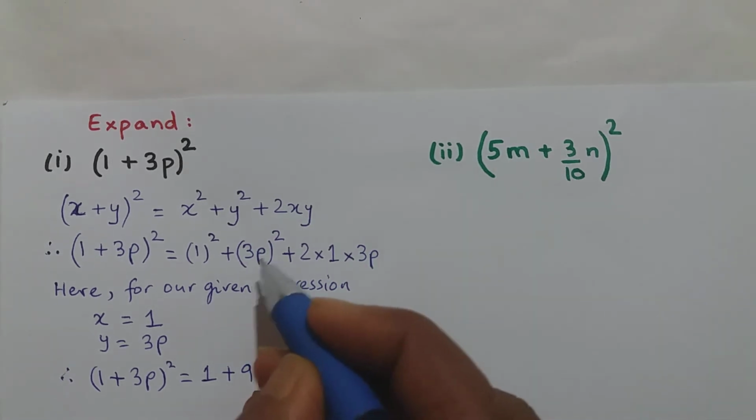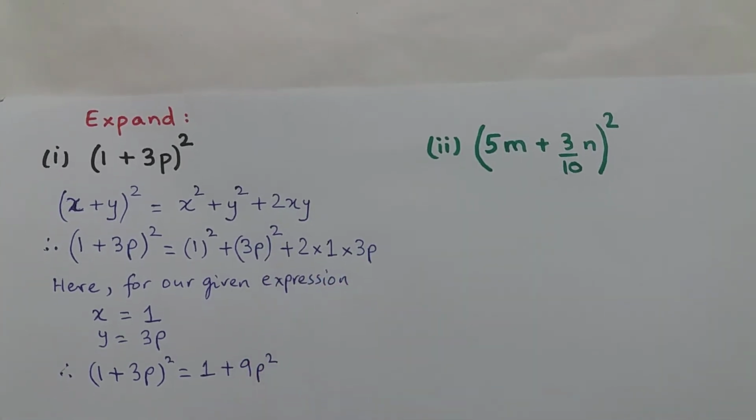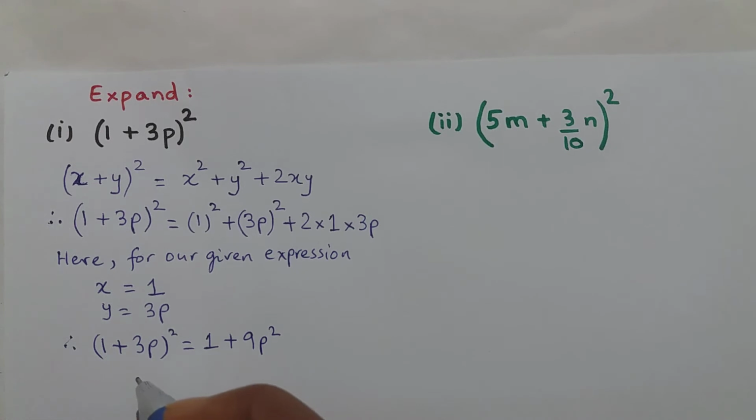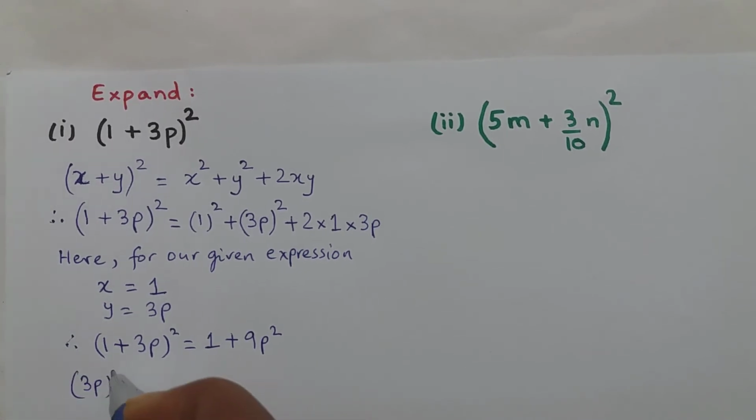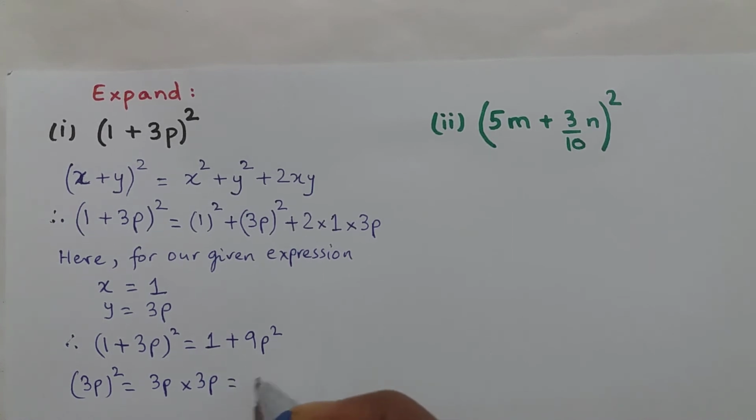If you do not understand how I wrote this, I will explain it here. 3p into 3p: 3 into 3 is 9, p into p is p square.